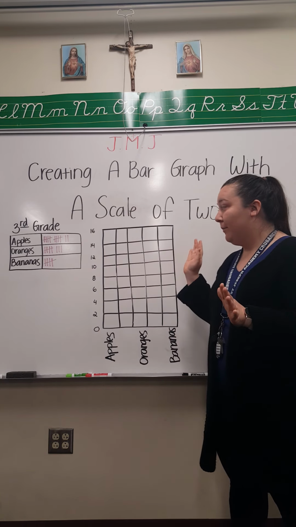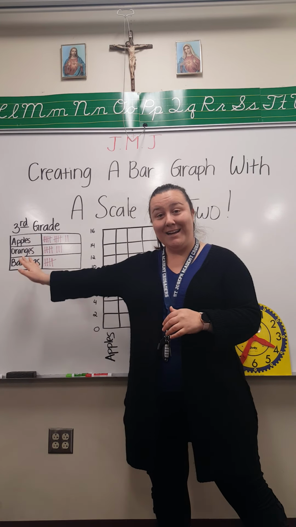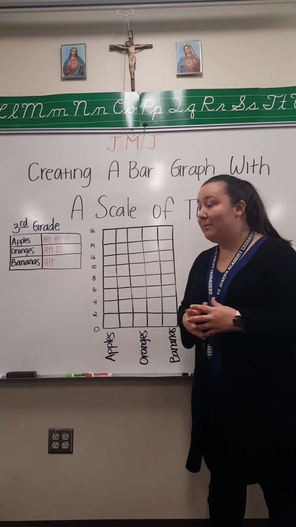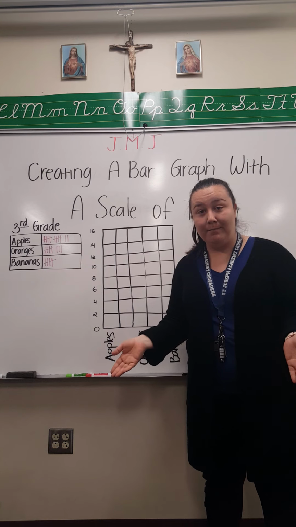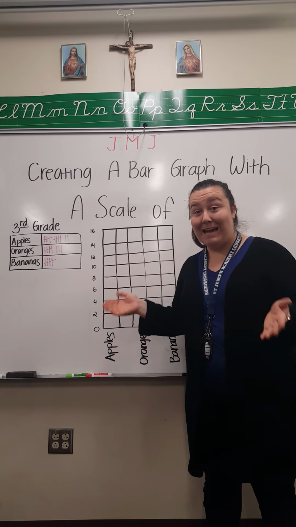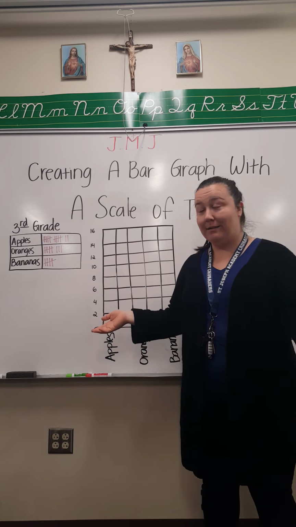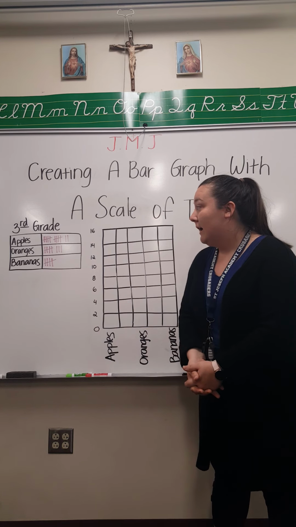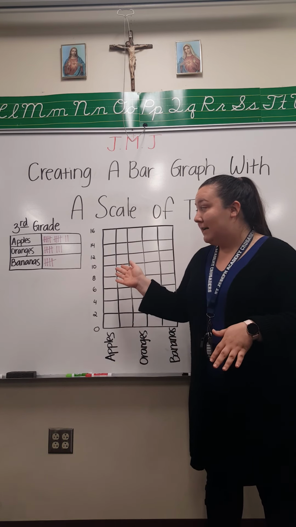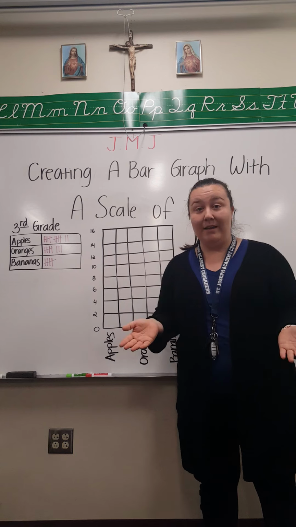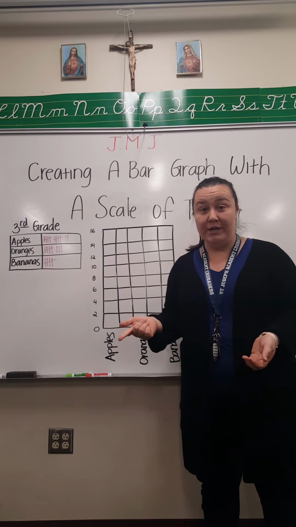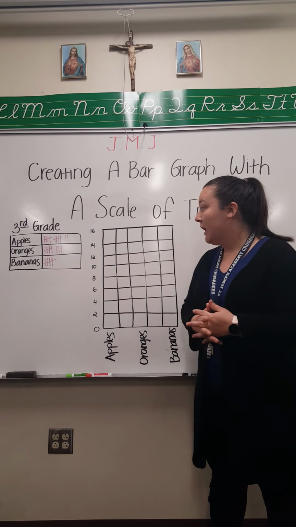So here on our right side, we have some data that we collected. It's pretend data from a 3rd grade class. In 3rd grade class, they were asked how many of them like apples, oranges, and bananas.